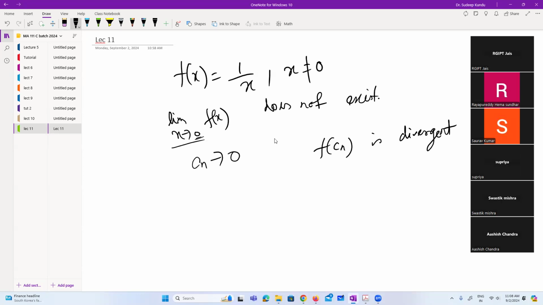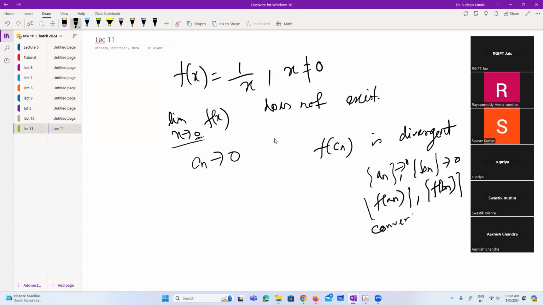Another approach is, you choose two sequences which converge to 0, but f of a_n and f of b_n should converge to different limits. This is another approach to show that the limit does not exist.